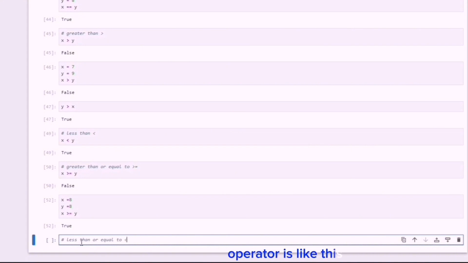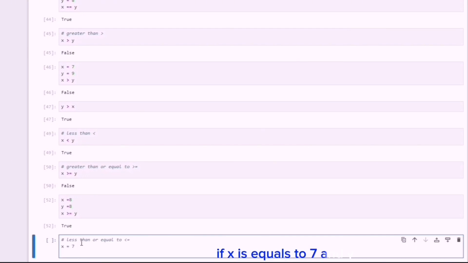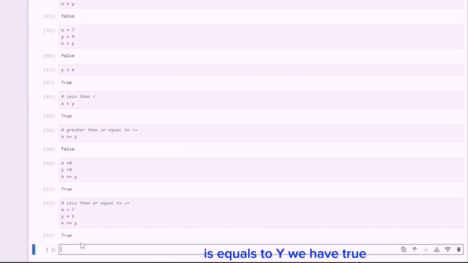If x is equal to 7 and y is equal to 9, and I ask, is x less than or equal to 9, or equal to y, we have true. So these are very simple operators that we could always toil around with. The comparison operators are one of the very simple operators.